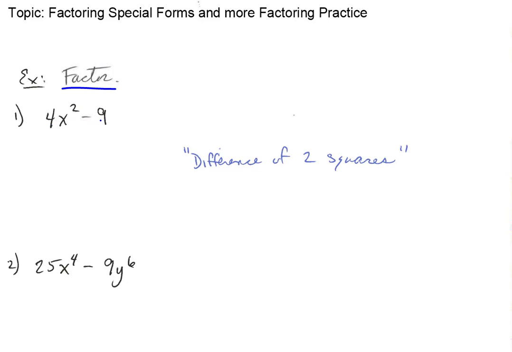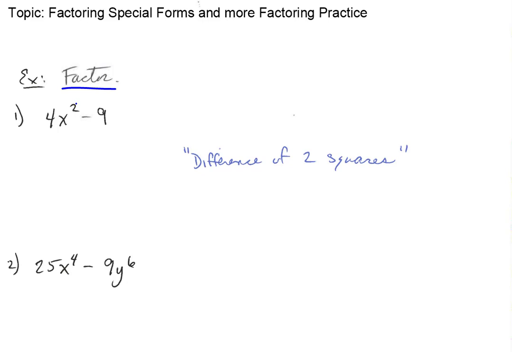Now again, we're going to refer back to our factoring steps outline, and the first step every time with any factoring problem is to try to factor out a greatest common factor other than 1 if there is one. And in this problem, you'll notice with these terms we see, there actually is not a greatest common factor other than 1. There's no common factors of 4 and 9, and only one of our terms even has a variable in it. So we skip step 1 because there's nothing to do for it.